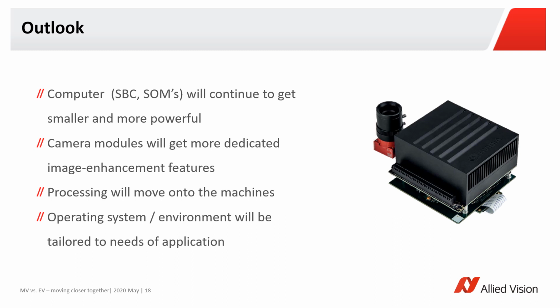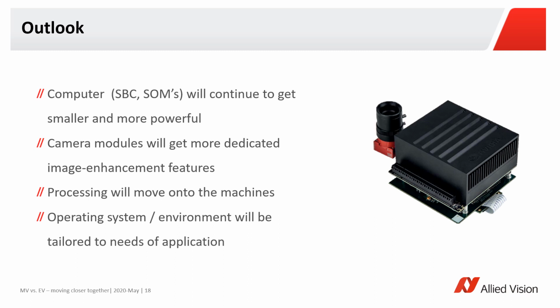Where will this lead to? It is clear that computers will continue to get smaller and more powerful also in the future. Also in terms of camera modules, I think they will get more and more dedicated image enhancement features already integrated on the modules themselves. And the whole processing will move onto the machines.